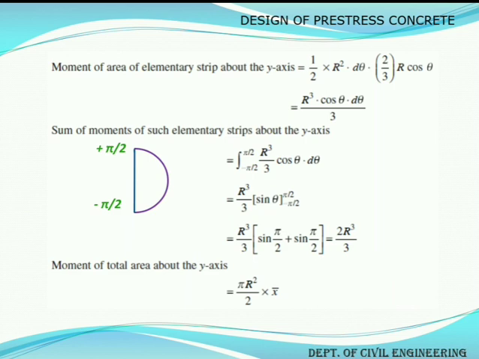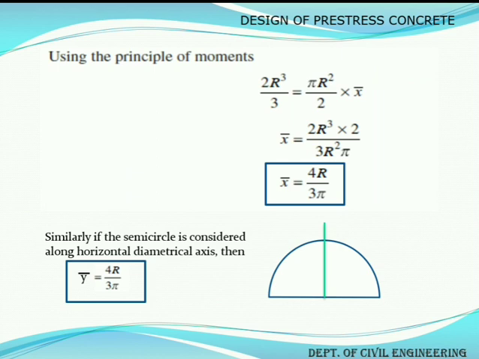Then in the last step, we apply the principle of moments. The moment of the total area, which is pi r square by 2 into x bar, is equated with 2r cube by 3. Therefore, 2r cube by 3 is equal to pi r square by 2 into x bar.